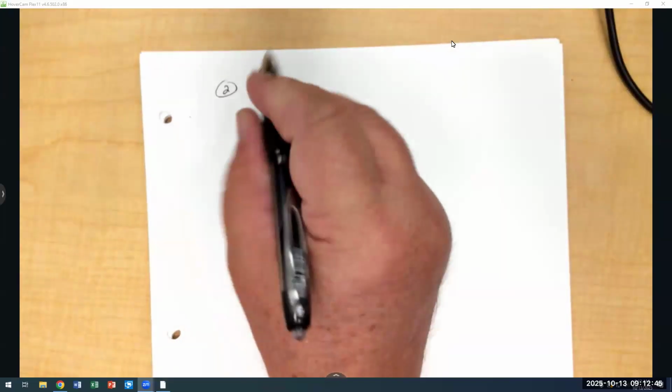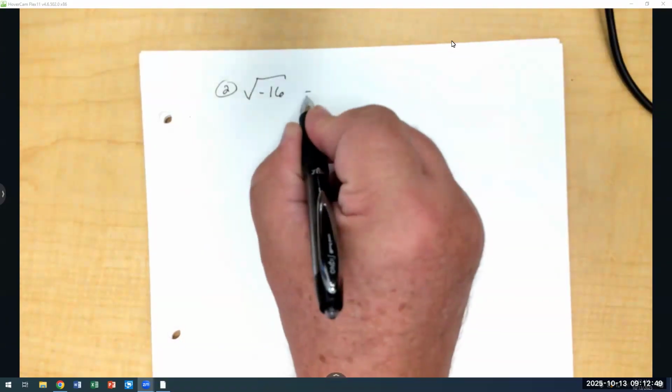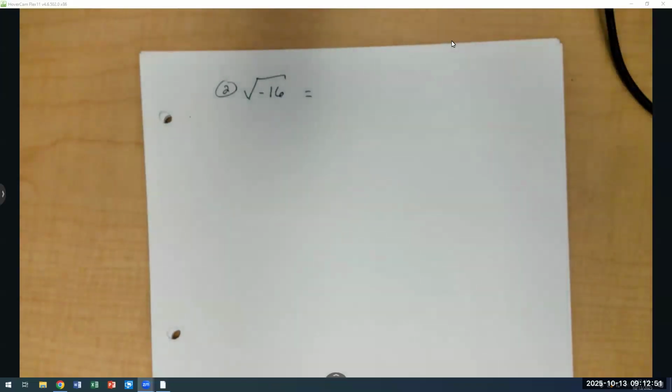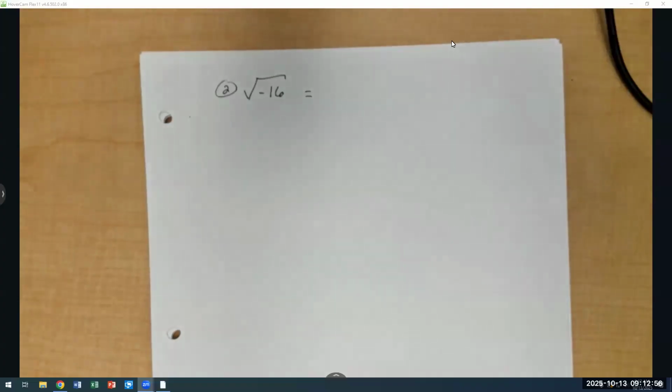Okay, that was number 1. Number 2, square root of -16. What do y'all think?